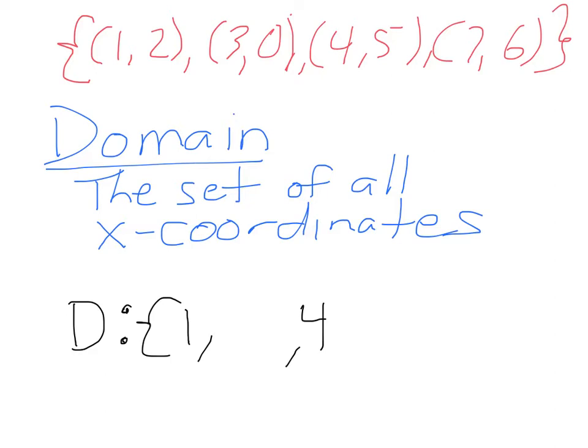I'm going to leave a space because you skipped one. What else is in my domain? 7 is in my domain. What else is in my domain? 3. 3 is in my domain. Is there anything else in my domain? No. So I will end my set. That is my domain. It is the set of all x coordinates.